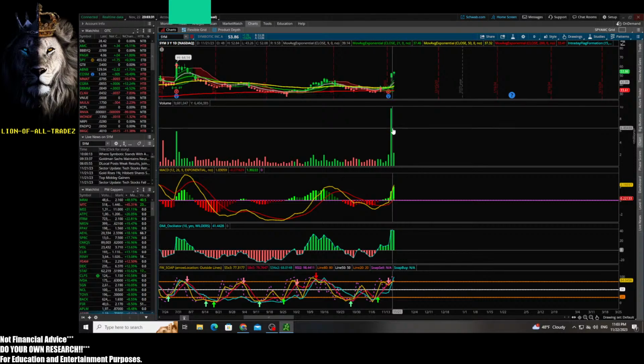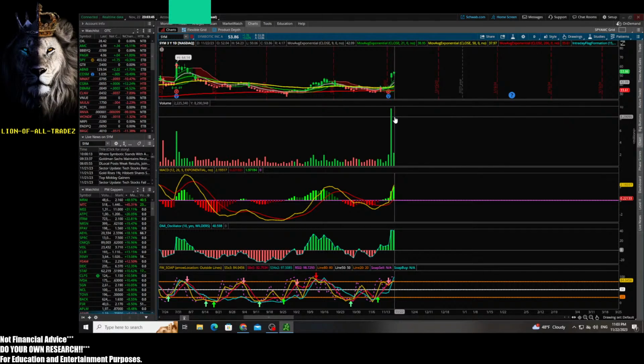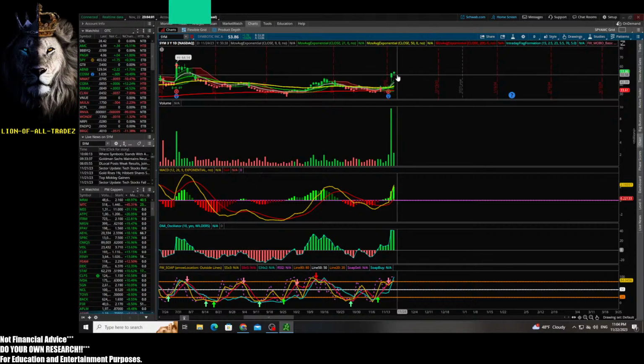This had a volume of 9,681,000. But you can see how the volume traded today was cut by more than half, 2,225,340. So that means there's a potential of profit taking at this point, and possibly seeing a pullback.